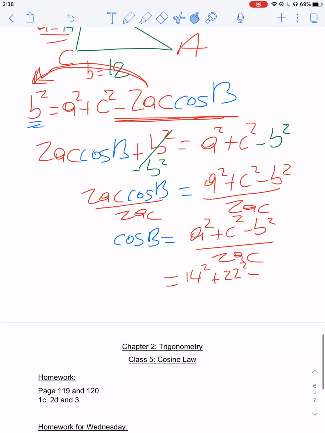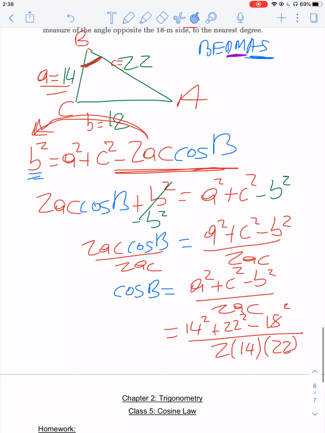So minus 18 squared, and then just divide this by 2 times what is A? A is 14 times C, which is 22. Okay, so A is 14 from this picture, C is 22 from here.